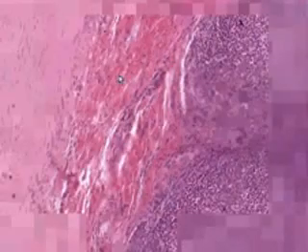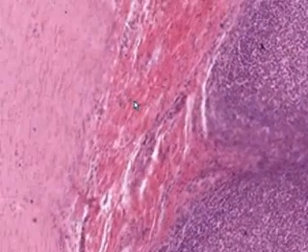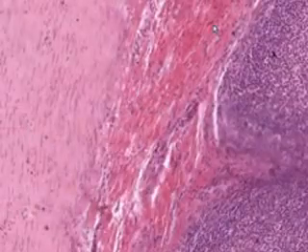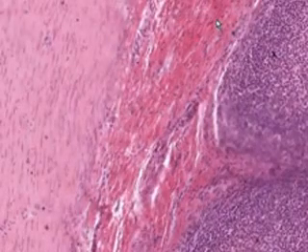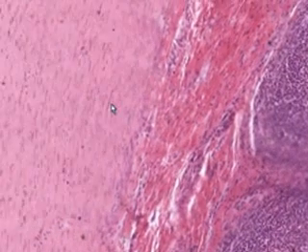Also note how easy it is to confuse spindly fibroblasts of submucosal connective tissue with spindly nuclei of smooth muscle cells. Only a trichrome stain can solve the difference in many cases, because the collagen will stain bluish green and the smooth muscle fibers won't.